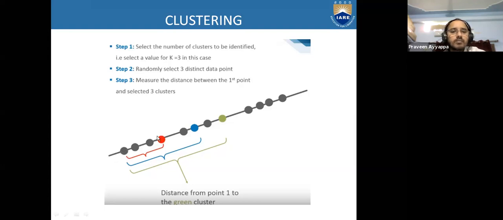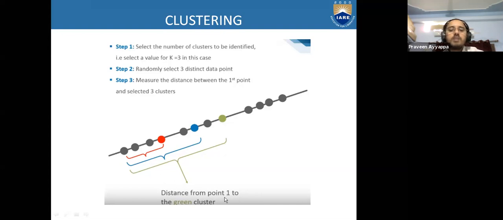So the first data point to the data point which I have selected, right? Where I have selected this as the distinct data point. I am marking this one with the red color, and from blue to the first data point, and from the third one which I have selected to this one.